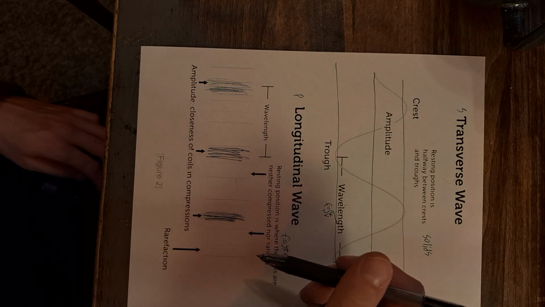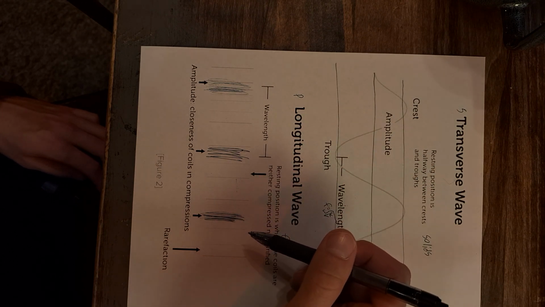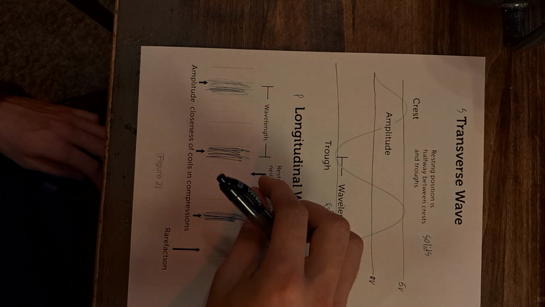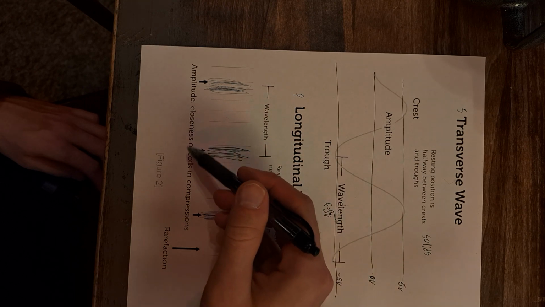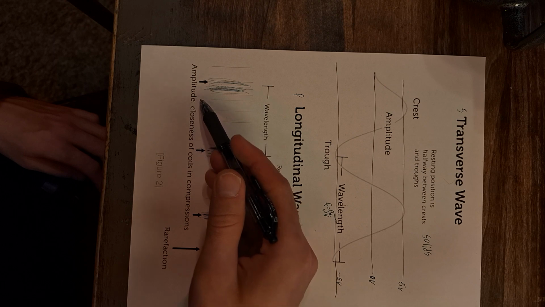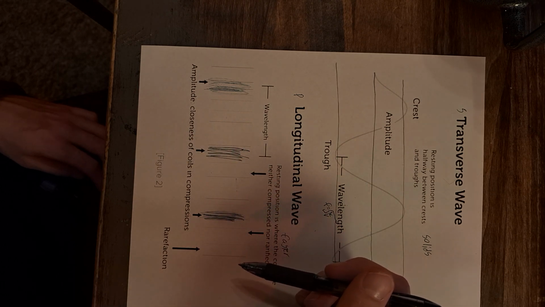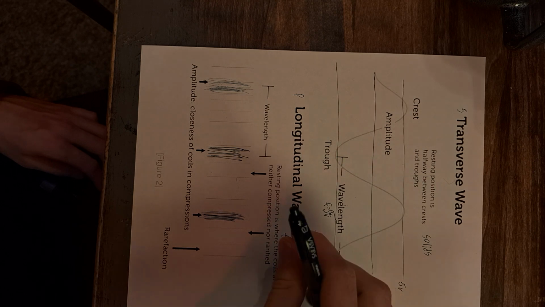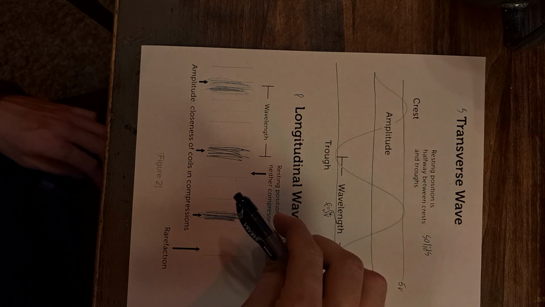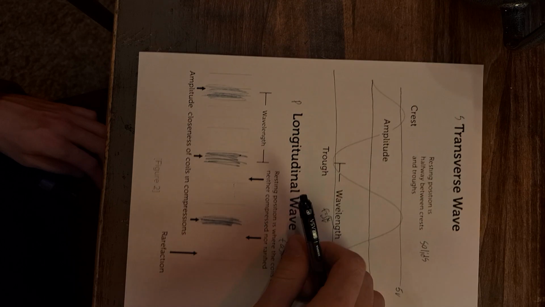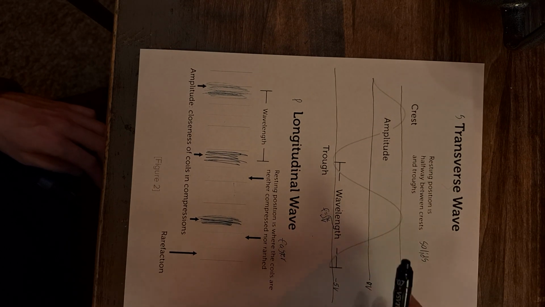Well, from the stuff I've seen online, we look at the amplitude, closest of coils in compression. So what we have to do is now take the modulus of it, see how much that's compressed, and then figure out how much energy is in it that way.